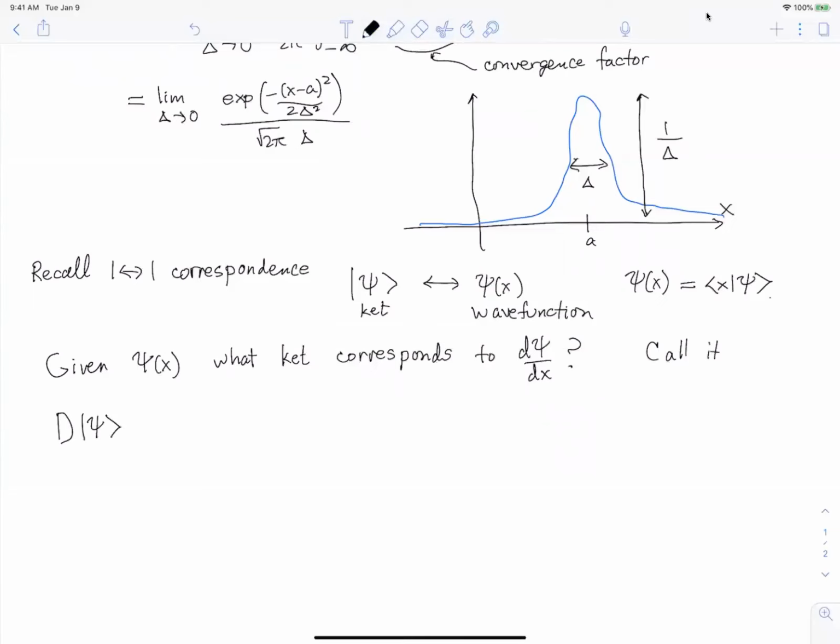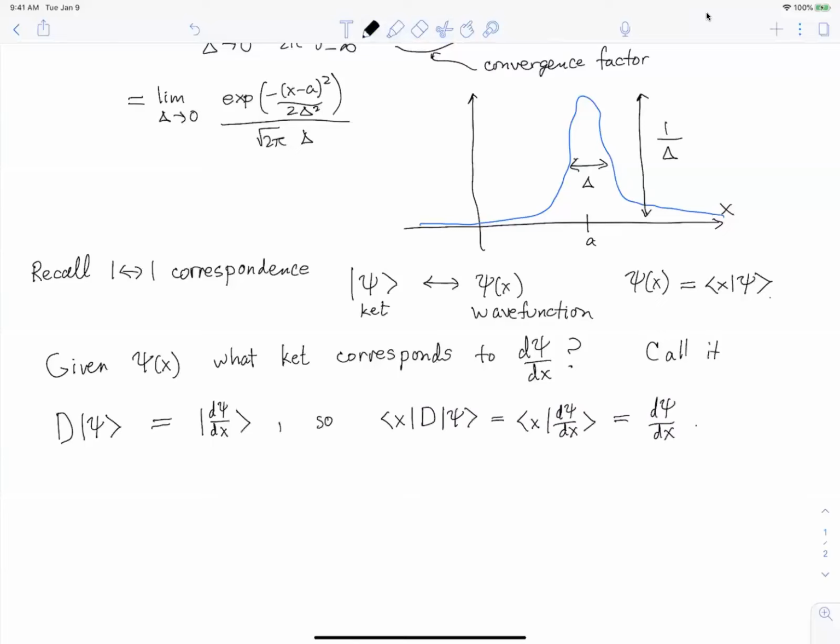So D acting on the original ket psi is defined to be the ket d psi by dx. And so what that means is that the matrix element of bra x with D, the operator, ket psi, is equal to the inner product of x with this ket d psi by dx. And that's the wave function d psi by dx.